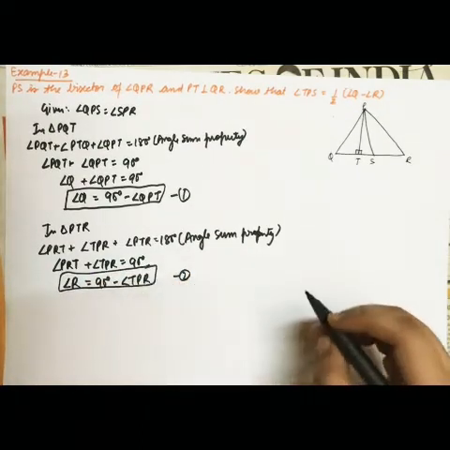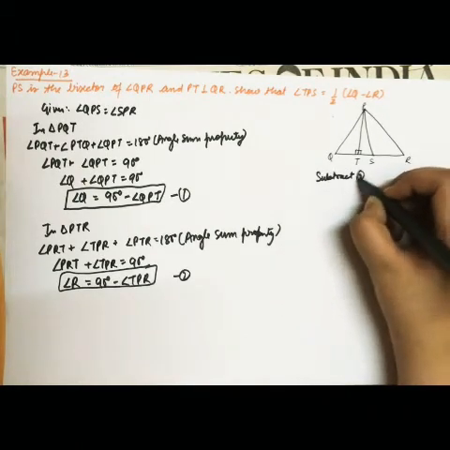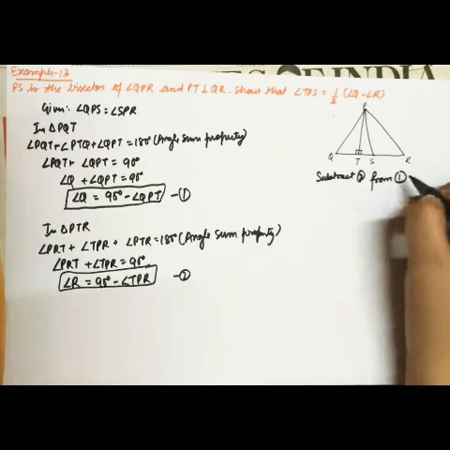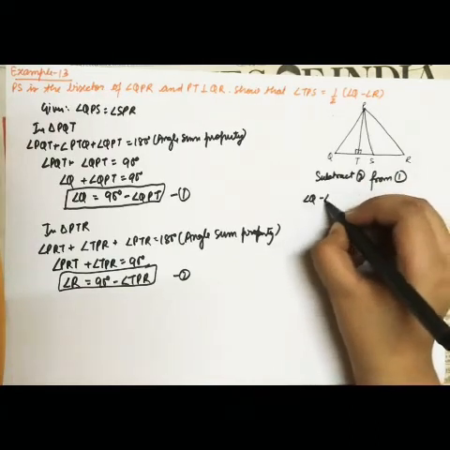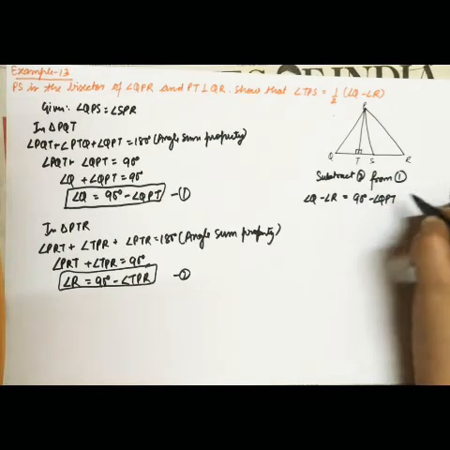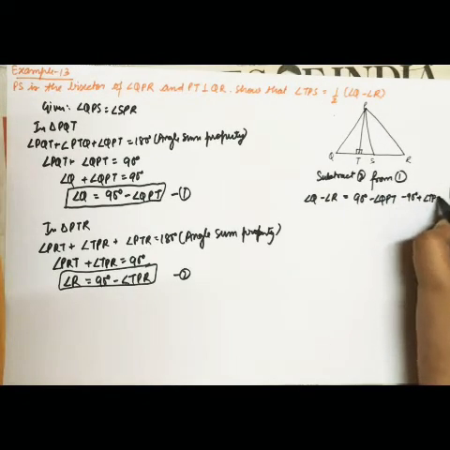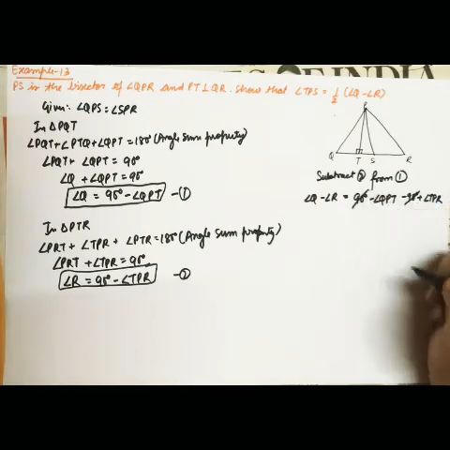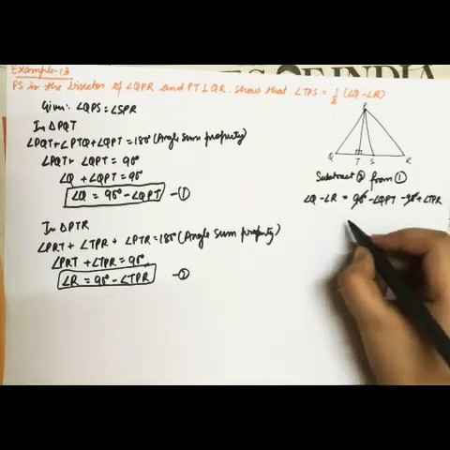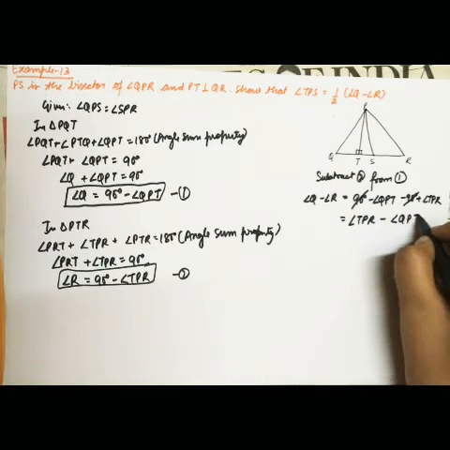So now we will subtract 2 from 1, which means angle Q minus angle R is equal to 90 degrees minus angle QPT, minus of 90 degrees and plus of angle TPR. So this and this will be cancelled. Now angle TPR minus angle QPT.